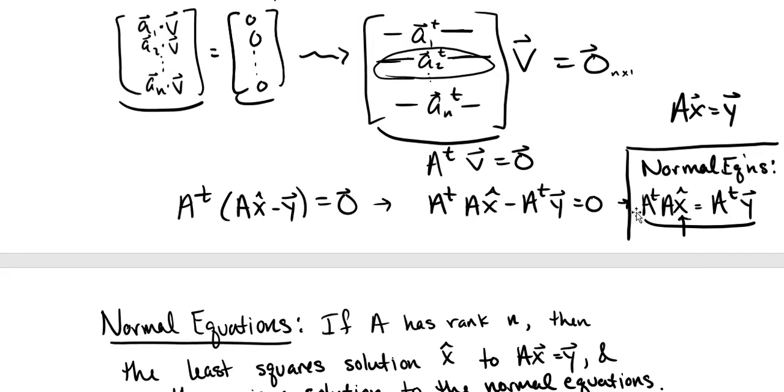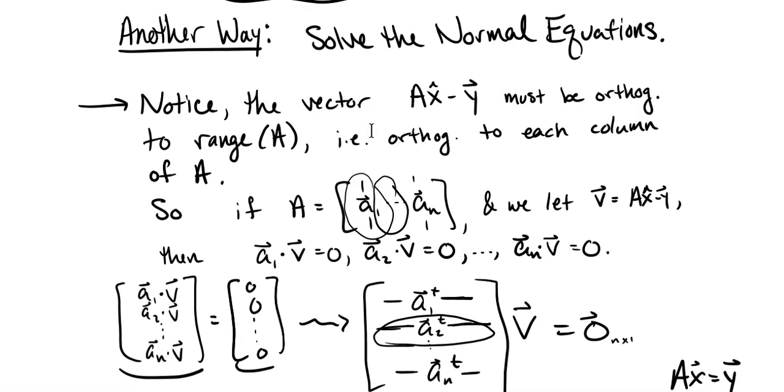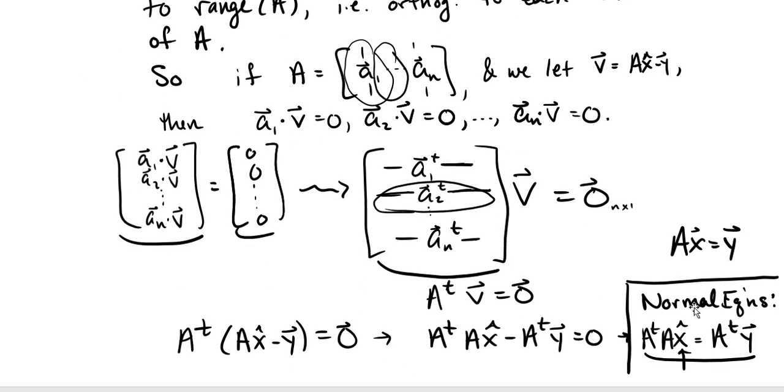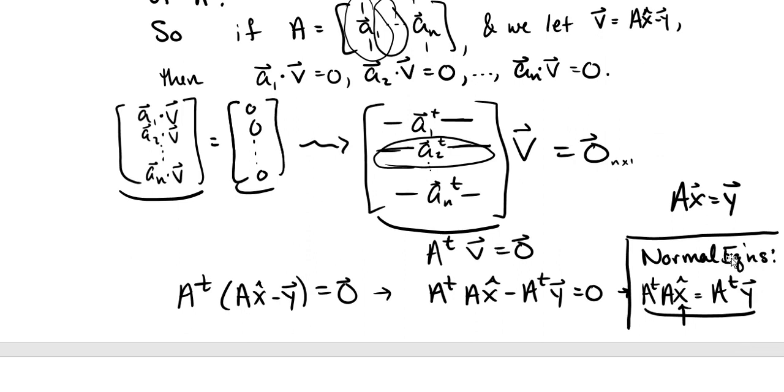So in other words, we started out only with this assumption that this vector should be orthogonal to the range because it is the difference between y and its projection down into the range. So it must be orthogonal to the range. Starting with that assumption, we get that our x hat, our least square solution, has to satisfy these normal equations here. A transpose A times x hat equals A transpose Y.